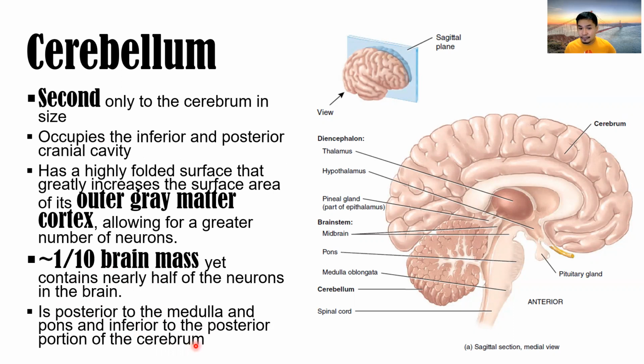Okay, so this is your pons and the medulla. So posterior to it, you will be able to find the cerebellum, and inferior to the posterior portion of the cerebrum. Anterior, posterior, inferior part of the cerebrum will be your cerebellum.